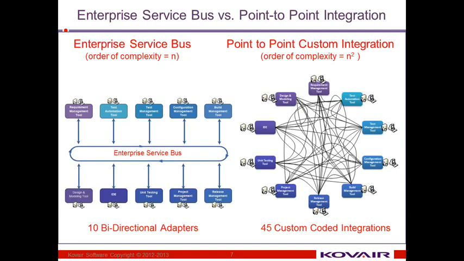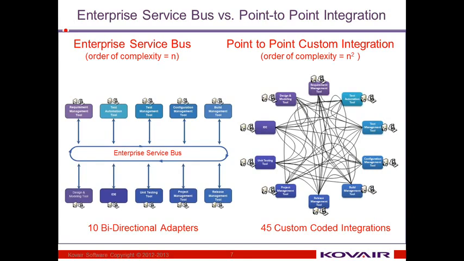If point-to-point integration is done between 2 tools or 3 tools, it is fine, it can be maintained. But when we go beyond that, when we come to 3 or 4 or say 5+ tools, it becomes very difficult to maintain the code, especially with the versions of these tools constantly changing.